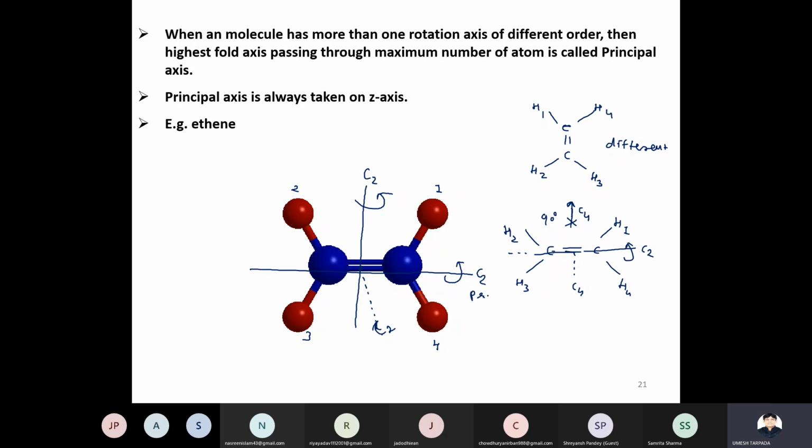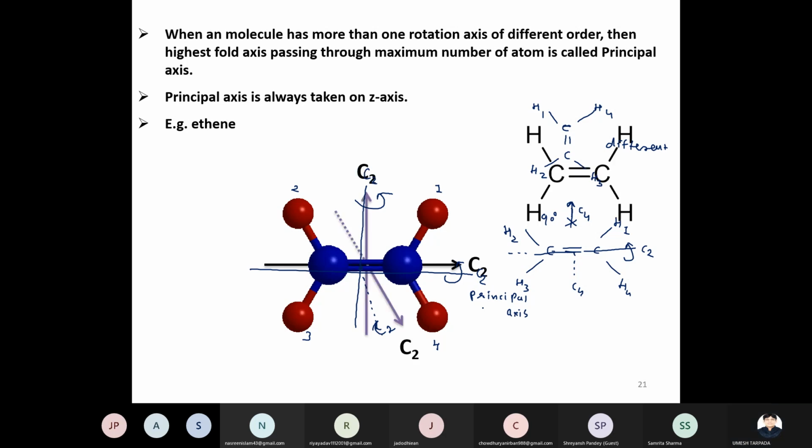This axis is called the principal axis, and the remaining axes are called subsidiary axes. So this C2 is the principal axis passing through the maximum number of atoms. These are the other two C2. So this is your principal axis.